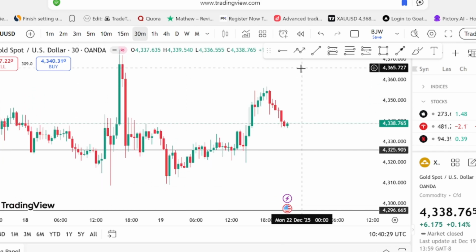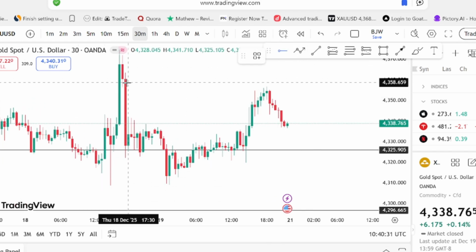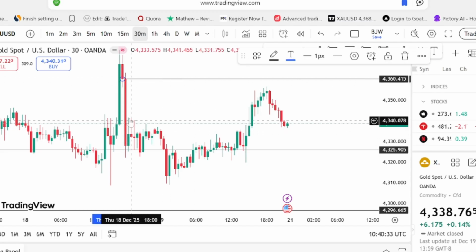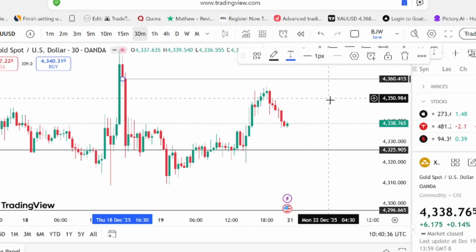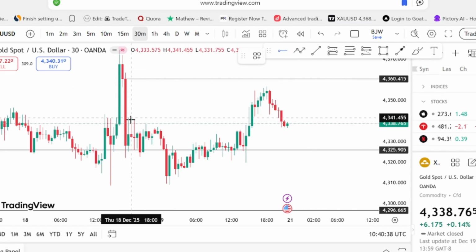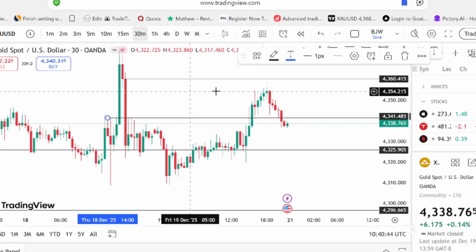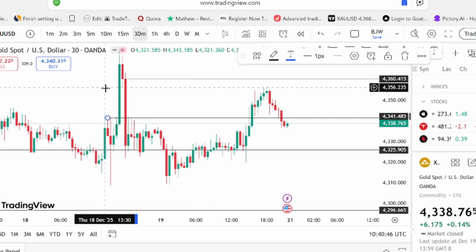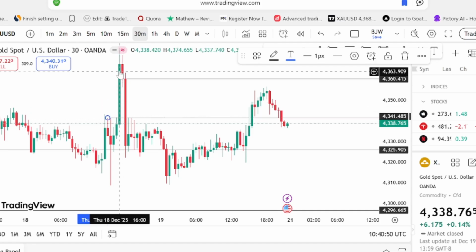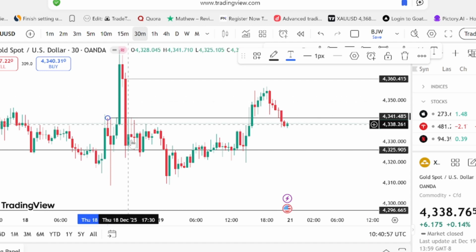Now from this zone right here to this zone, let me mark it out. Now right here is an FVG, so it's also aligned with the previous green candle. So you saw the green candle, the full bullish FVG, and what happened? Price also came and took it out and formed another bearish FVG.